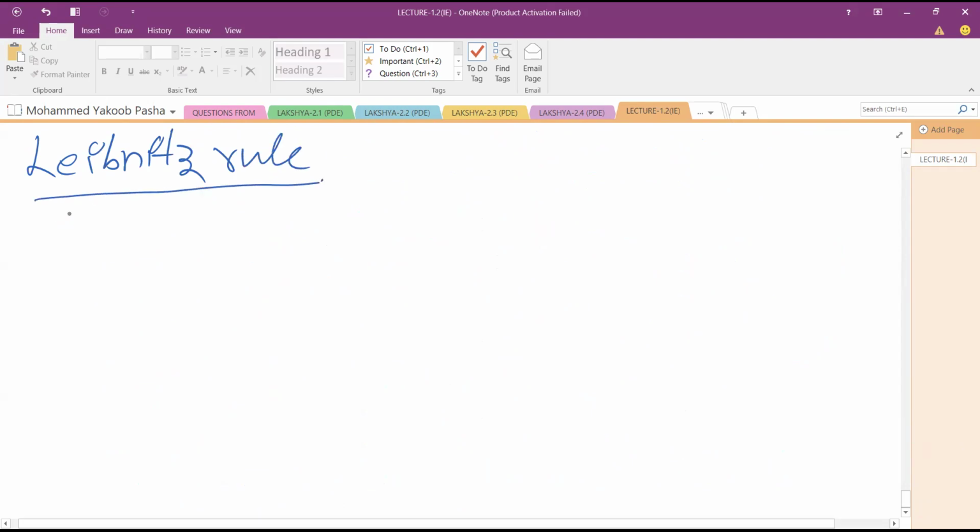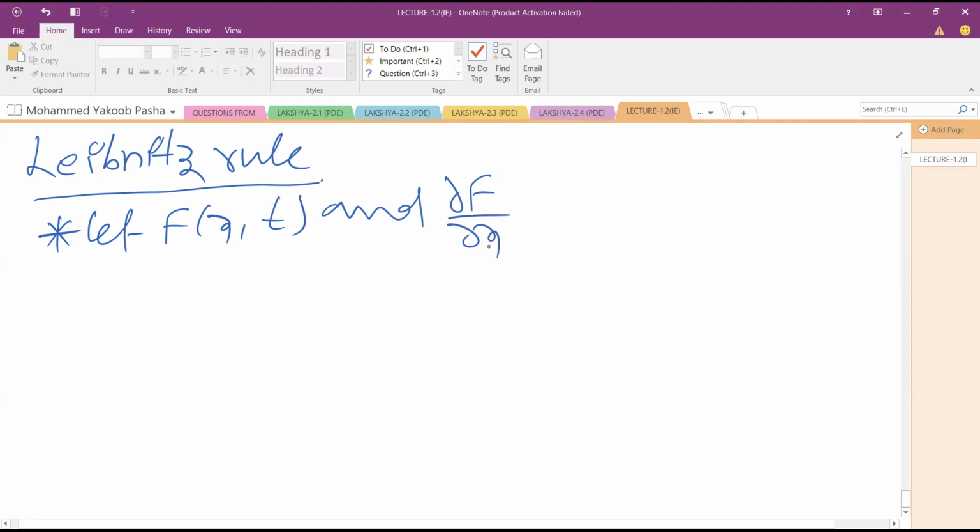Whenever we take a function f of x comma t, a function of two variables, and the partial derivative dou f by dou x, f with respect to x, be two continuous functions.